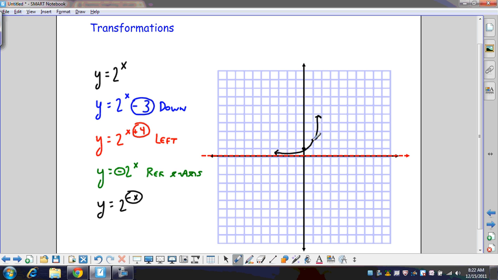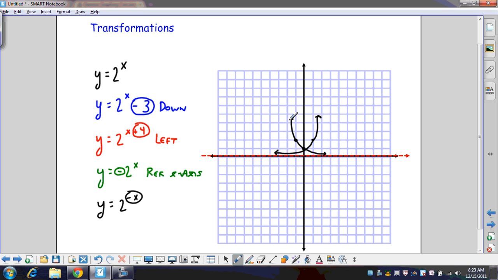Now let's talk about the last one, which is if we had a negative inside the exponent. So in that case, think about what we just said. If we're on the outside of the function, that affects the y's. So if we're inside the exponent, like this negative x is, that's going to affect the x value. So what I need to do is reverse my x's.